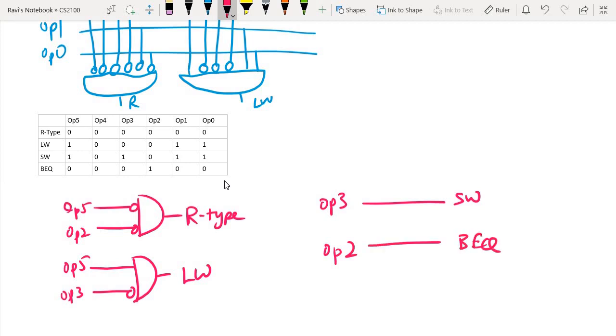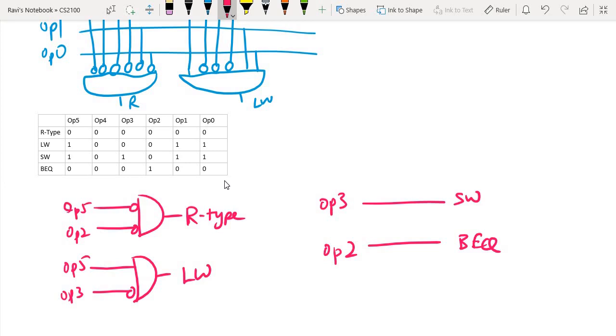Again, why does this work? It works only if there are no other opcodes to consider. Let me repeat that. This approach of looking at unique patterns for the instructions to generate the appropriate control signals only works if there are no other 6-bit opcodes in the system.